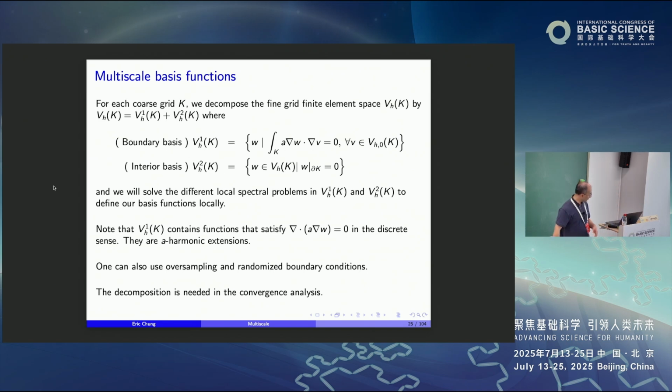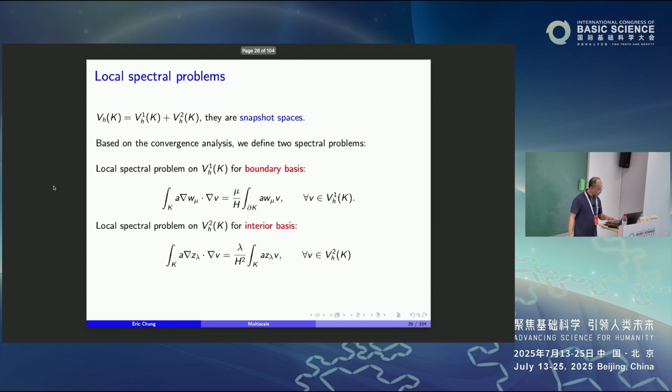And then next we will consider some way to form the basis. First, given this V1, again, V1 is the space of all harmonic extensions, so this space is still very large. Based on our analysis, we define a local spectral problem that looks like this.